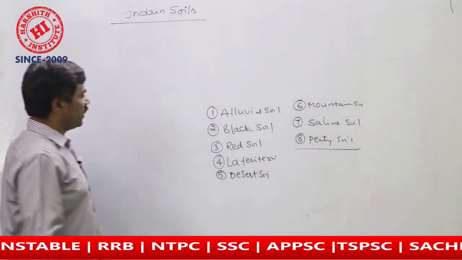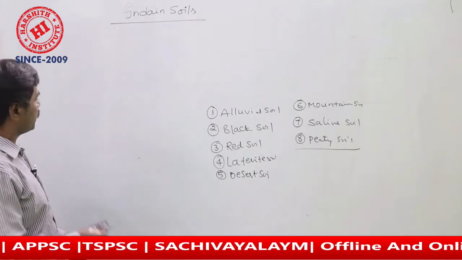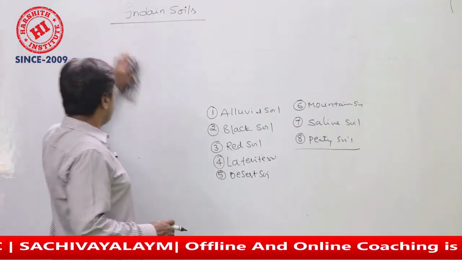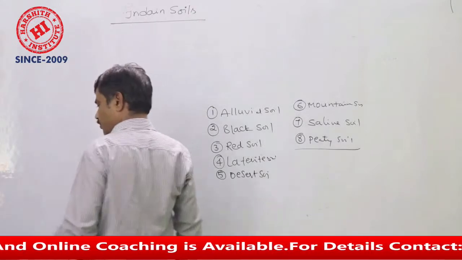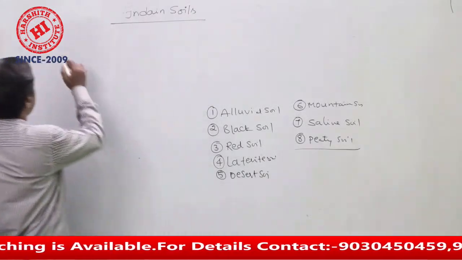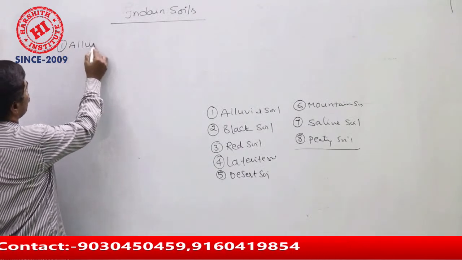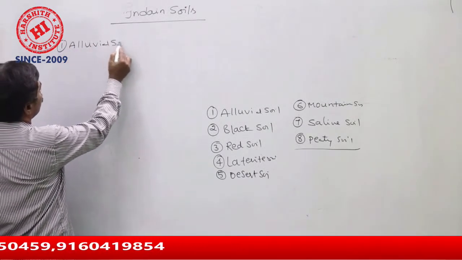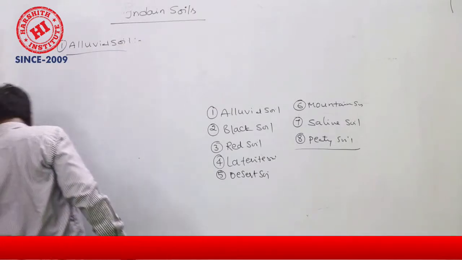The next highest fertility is black soil, and third is the red soil. So these are on the basis of fertility, these 3 groups. Right, now first, the alluvial soil.